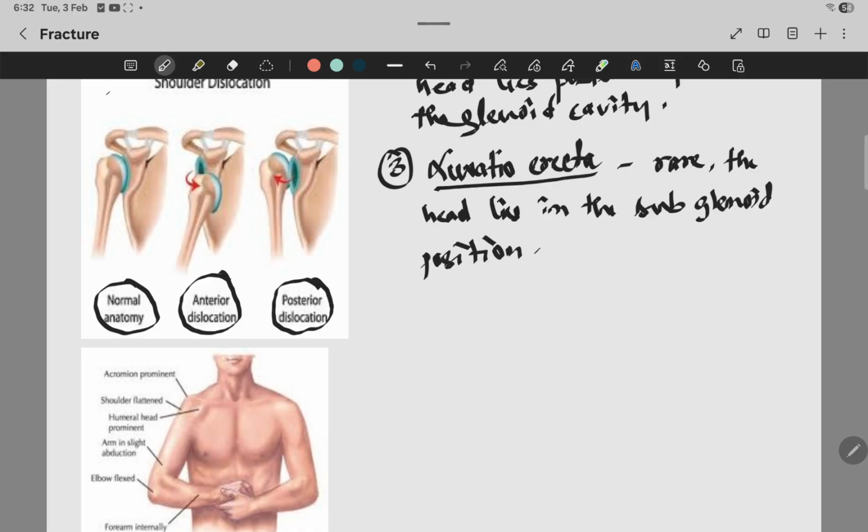Okay, now we'll study the pathological changes that occur during the dislocation, or pathoanatomy, you can say.